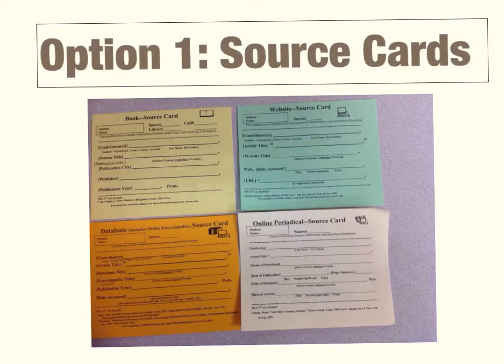Please notice that all of the information listed is what you need to try to fill out. And you'll use each source to try to find the contributor, the article title, the website title, the date of access, which is the date you used it, things like that. Your job is to fill these out as completely as you can for whichever source you're using.